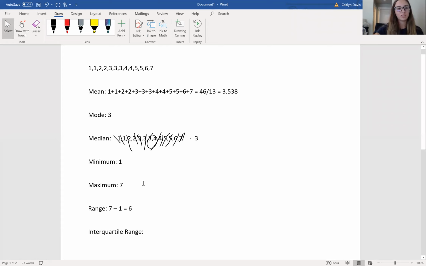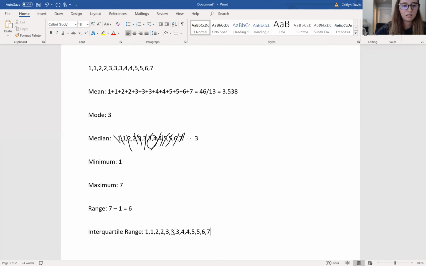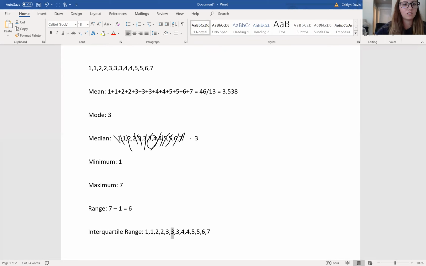So what we're going to do with this one, and I'll write this out, is take all of our data, 3 plus 3, then 4, 4, 5, 5, 6, 7. We know that our median is this 3 right here. So I'm going to go ahead and highlight that.